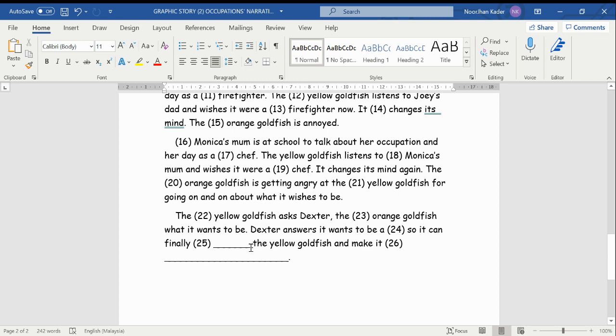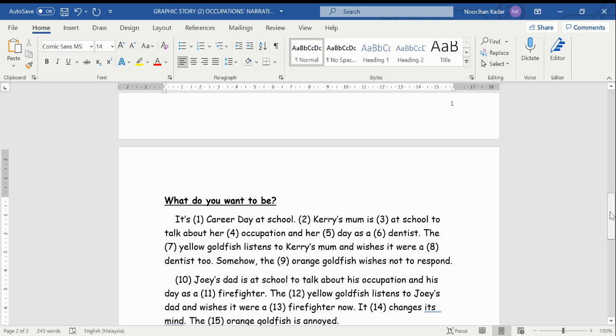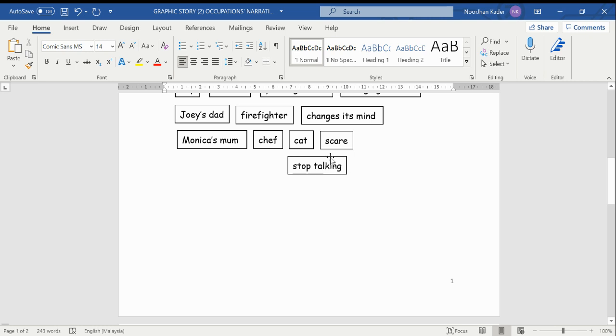So here it will be scare, or make the yellow goldfish afraid of Dexter, and make it what? Make it stop talking. So Dexter wishes it were a cat.